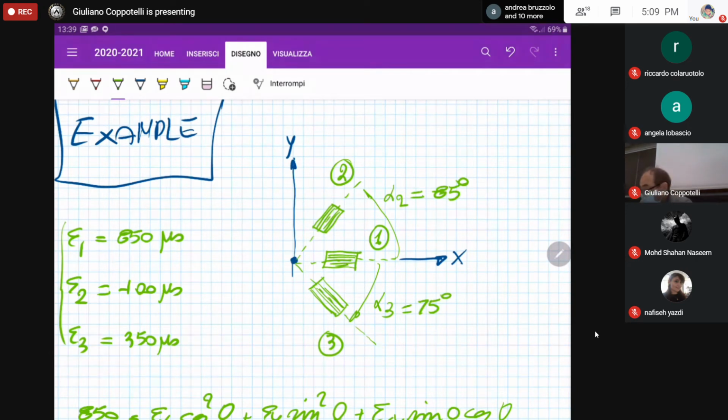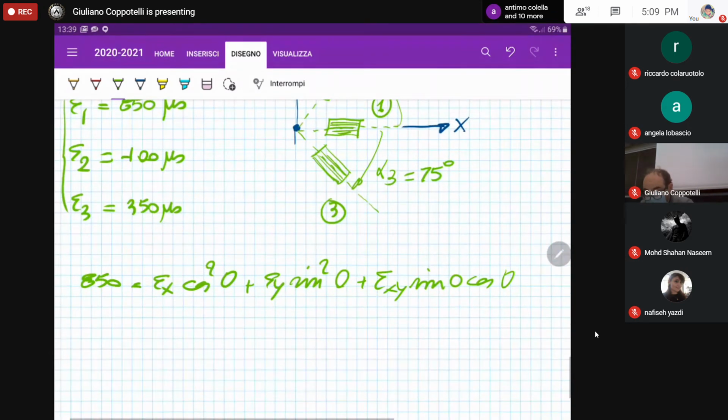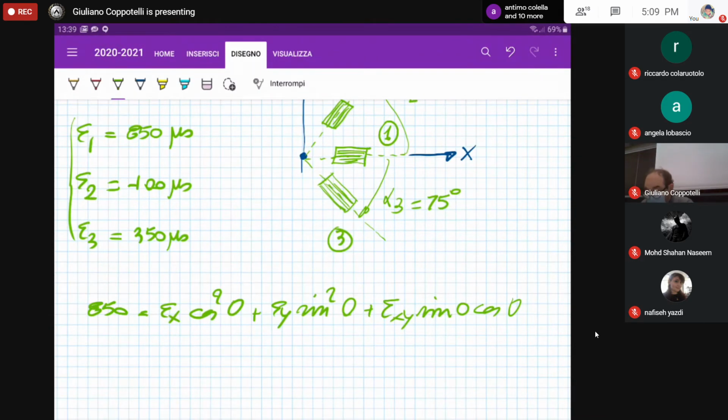What we find out is that if now we apply the same equation as before, but now using the second and the third angle, first, from this trivial equation, we got that epsilon x is equal to just 850 microstrain. That is the case because the first strain gauge is located over the x-axis.